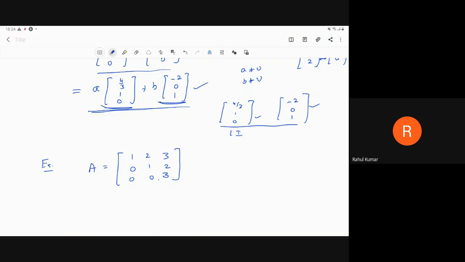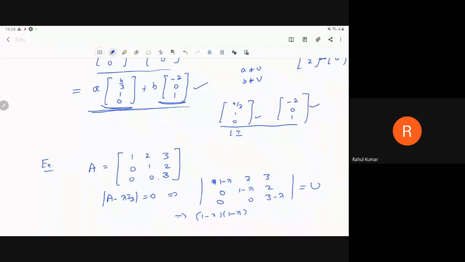Why are you saying this? Because if you find the determinant of A minus lambda I3 equal to 0, what do you get? You get (1 minus lambda, 2, 3), (0, 1 minus lambda, 2), (0, 0, 3 minus lambda). The determinant of this matrix is simply the product of its diagonal entries.